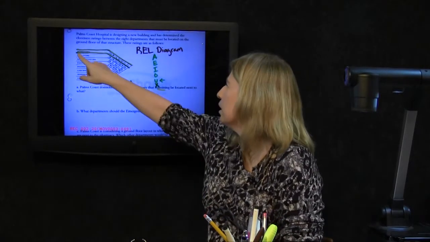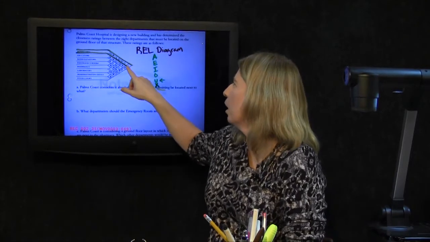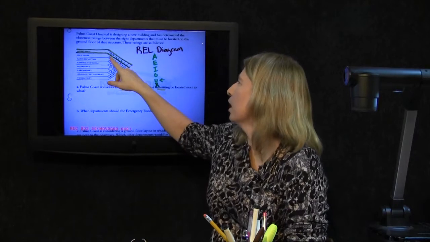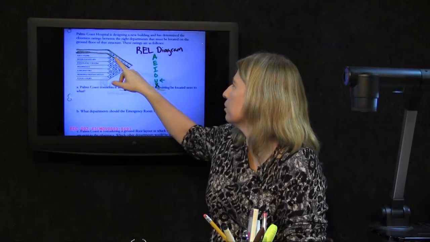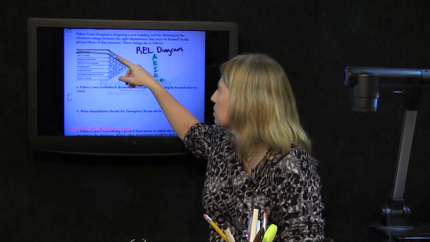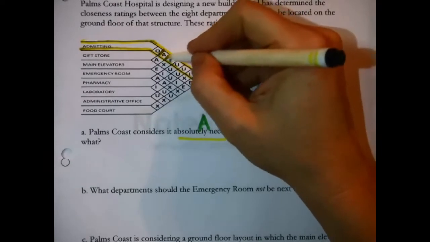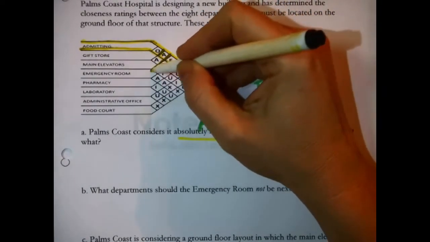Admitting has all of the closeness ratings across the top of the sideways roof, so to speak. And I see one A, and that A is associated with, let me trace it down. But that A refers to who? Here's how you read the diagram. Trace it down.